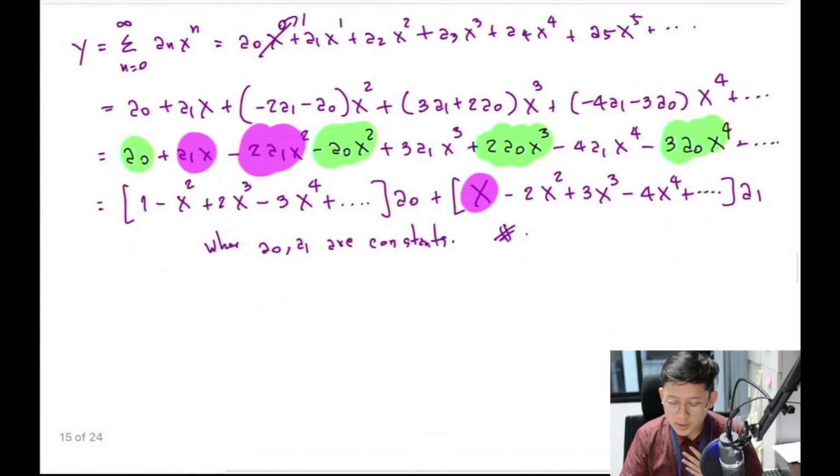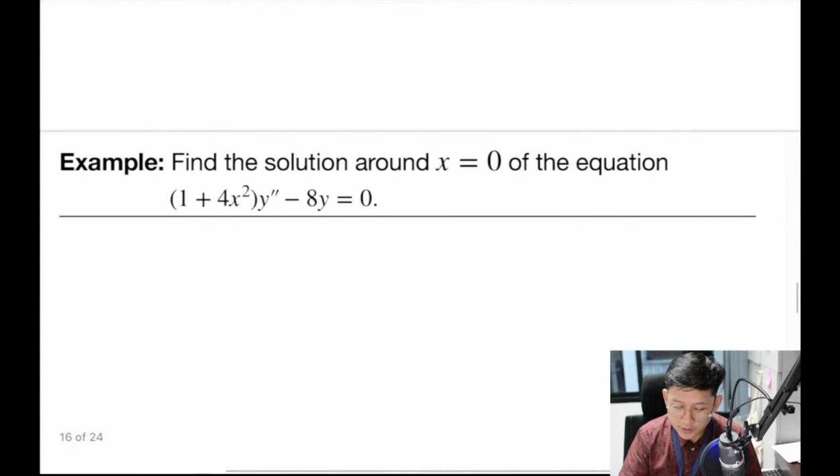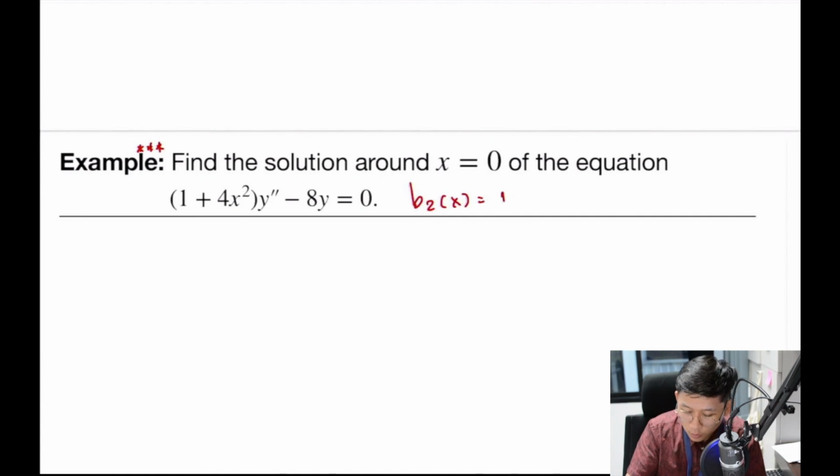Okay, guys, I'll let you do this one yourself. You can try doing it yourself to find the solution around x equals 0. I can begin for you. This one, b2(x) is 1 plus 4x squared, right?